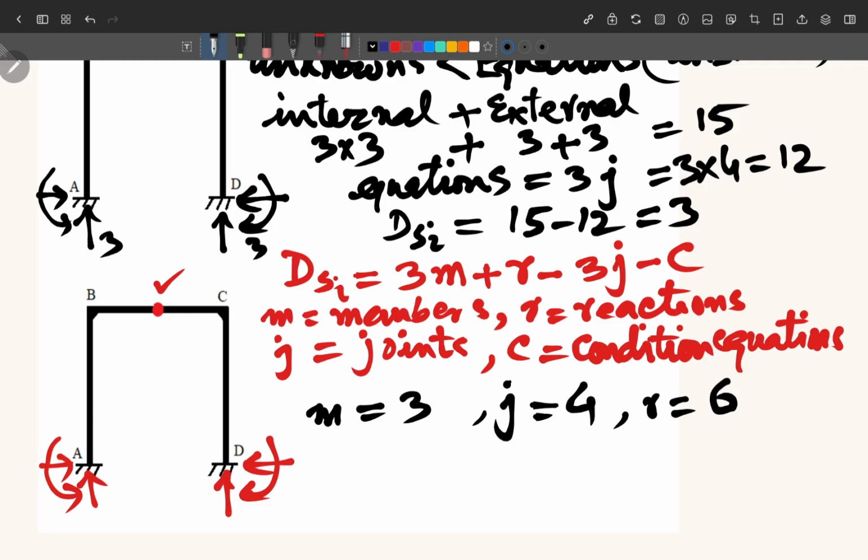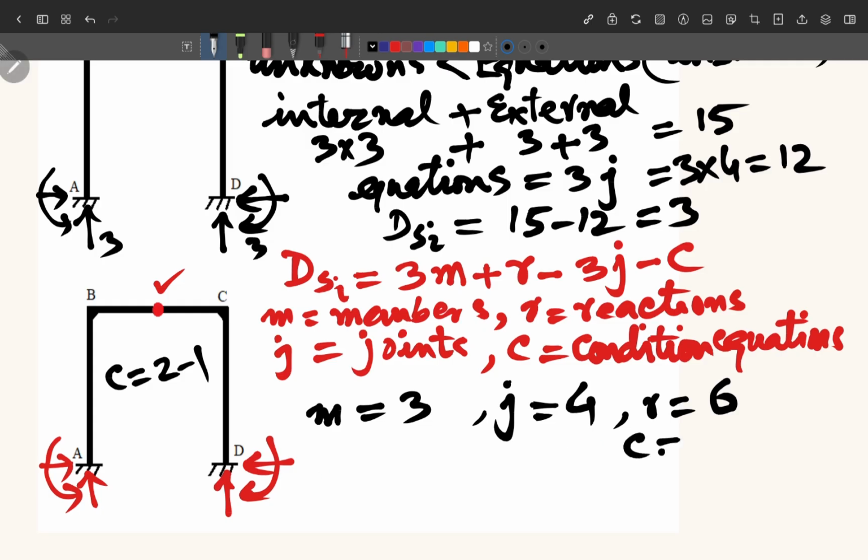Now we also check how many equations of condition. If you see here, you can quickly say how many members are connected there. In this case, this internal hinge is connected with 2 parts or 2 segments or 2 members here. So we can say that C will be equal to 2 minus 1. So we calculate here the degree of indeterminacy.